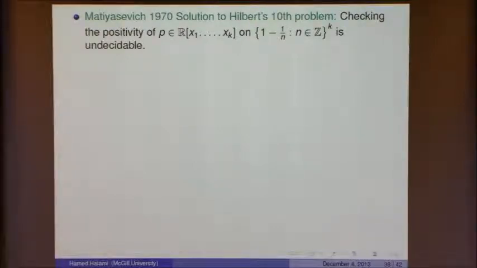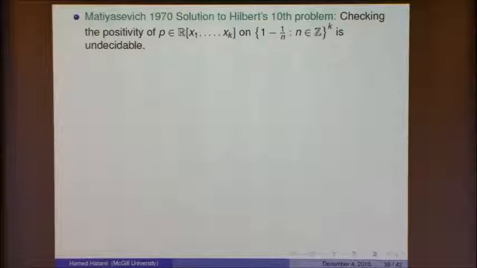So he showed that deciding whether a polynomial is non-negative over sets of integers, so you're only allowed to assign integer values to variables, that's undecidable. You can't do that using a computer. And you can just do a simple trick and convert it to the following.